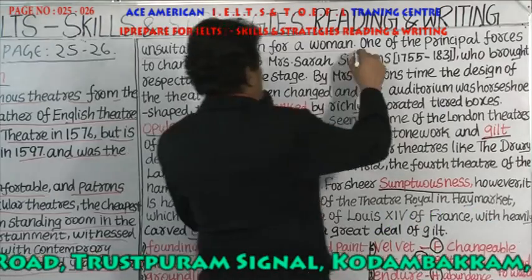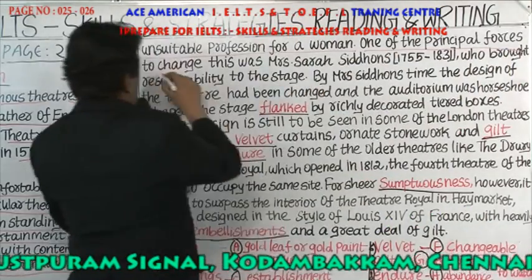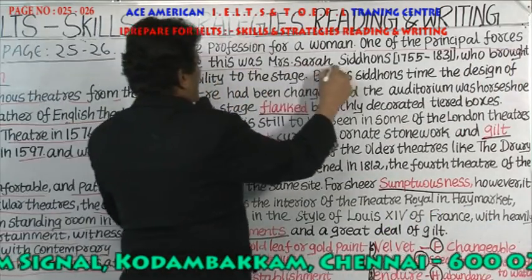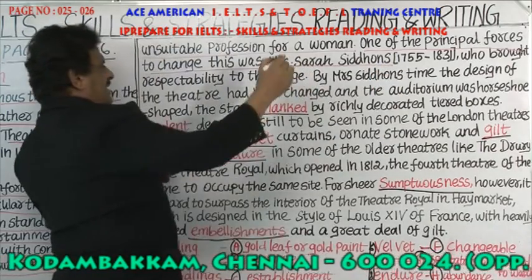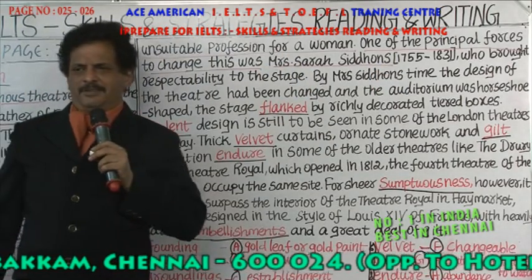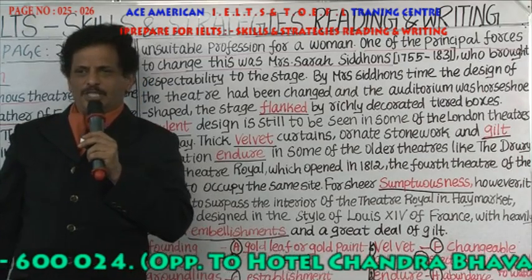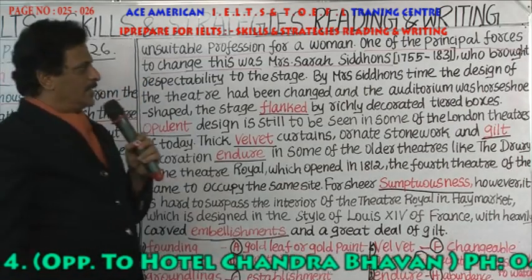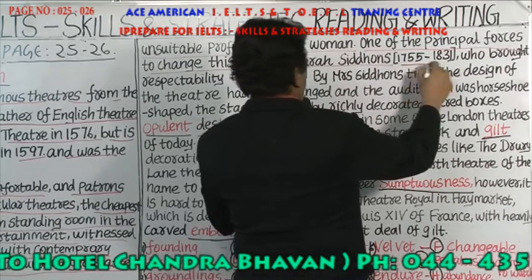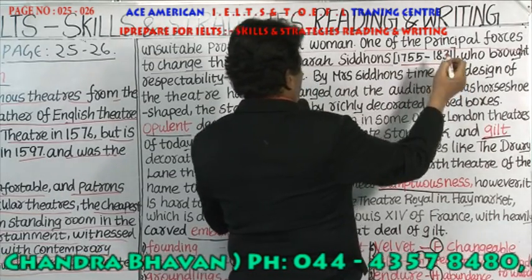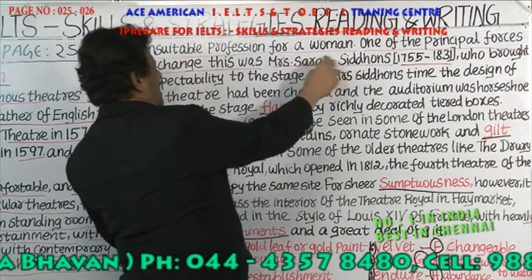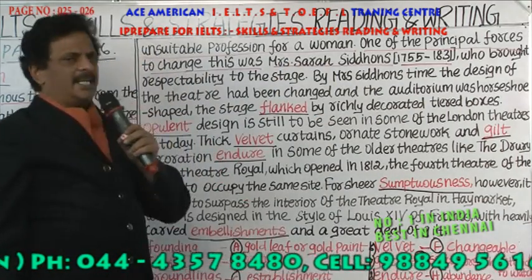One of the principal forces to change this was Mrs. Sarah Siddons. Sarah Siddons is the first lady who acted on the stage, not bothered about what society says. From 1755 to 1831, Mrs. Sarah Siddons was acting in plays.